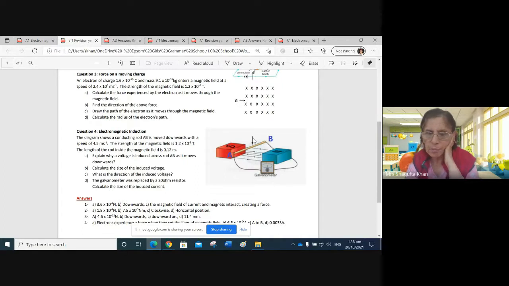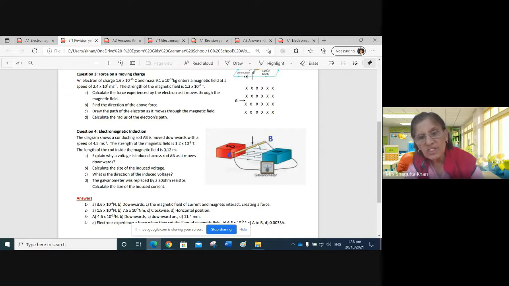So place your thumb down the page, in the direction of this one, and your fingers from north to south; the direction of the induced current comes out from A to B.